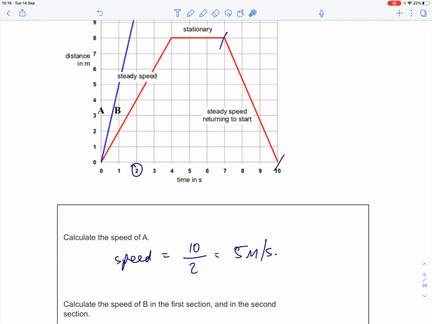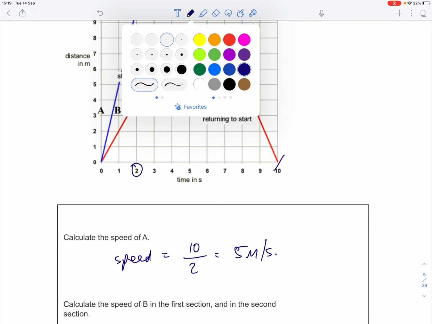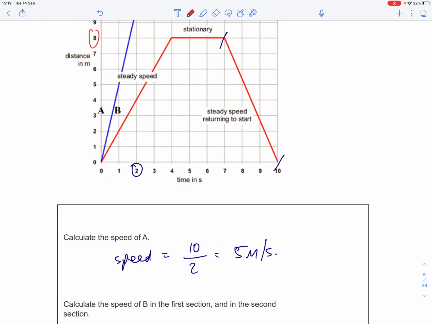Now we can see that at the beginning of that section at 7 seconds, the object has a distance of 8 meters, and it moves back to 0. So it's travelled down 8 meters, so it's effectively gone minus 8 meters. In terms of the time, it started off at 7 seconds and it finished at 10 seconds. So it's gone for a duration of 3 seconds.